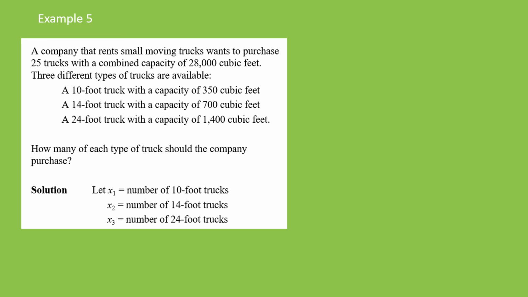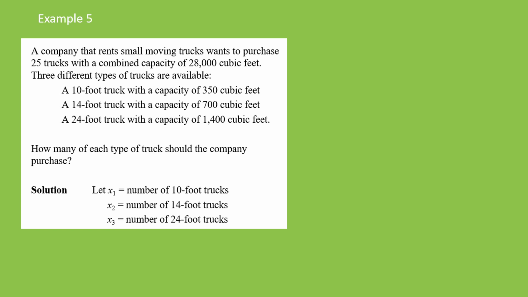Now let us try to do this problem. A company that rents small moving trucks wants to purchase 25 trucks with a total capacity of 28,000 cubic feet. 3 different types of trucks are available. The 10-foot truck capacity is 350, the 14-foot truck capacity is 700, the 24-foot truck capacity is 1,400.